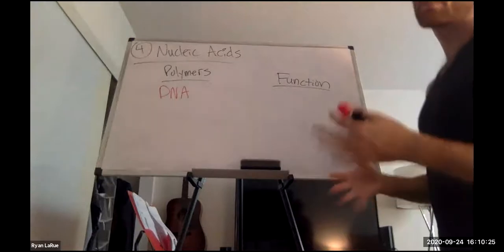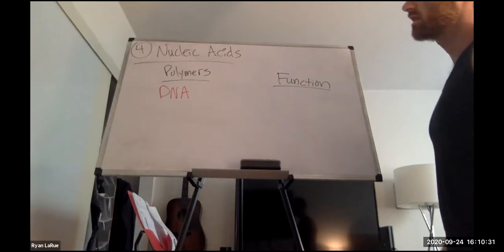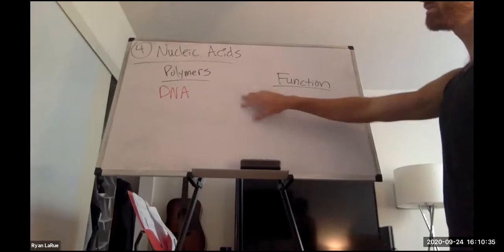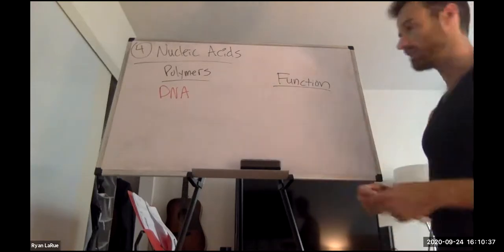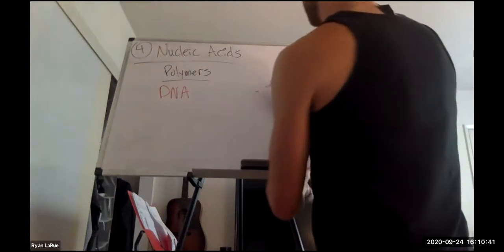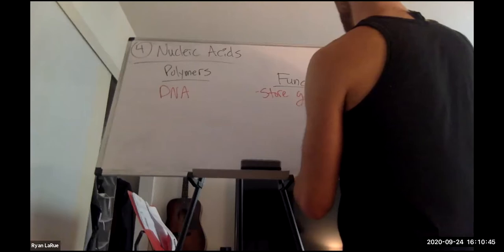The fancy word, it's not even fancy really, for a polymer of a nucleic acid is polynucleotide. So many nucleotides strung together. The function of DNA is to store genetic information. And yeah, that's really it. Store genetic information.